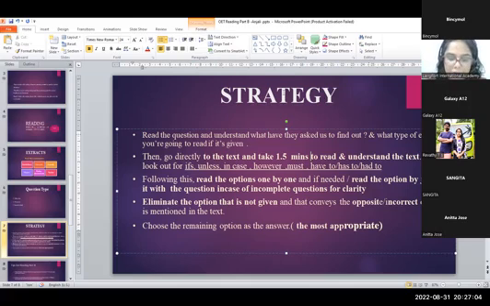In total, around 8 to 9 minutes out of 13 minutes, you will be reading each extract, 1.5 minutes for each extract.